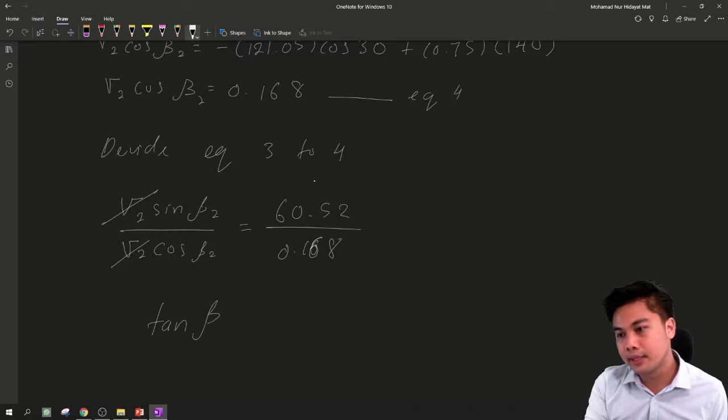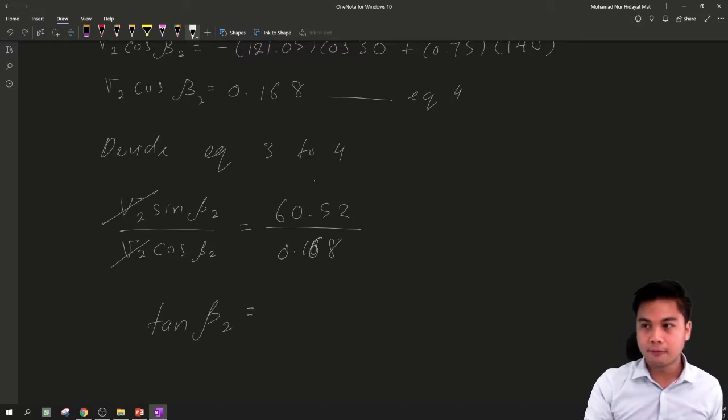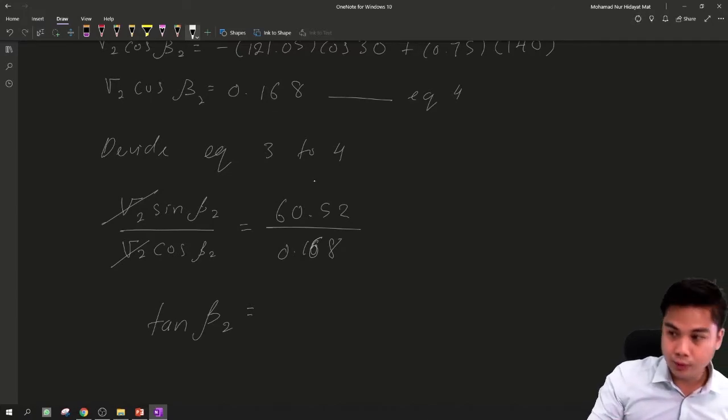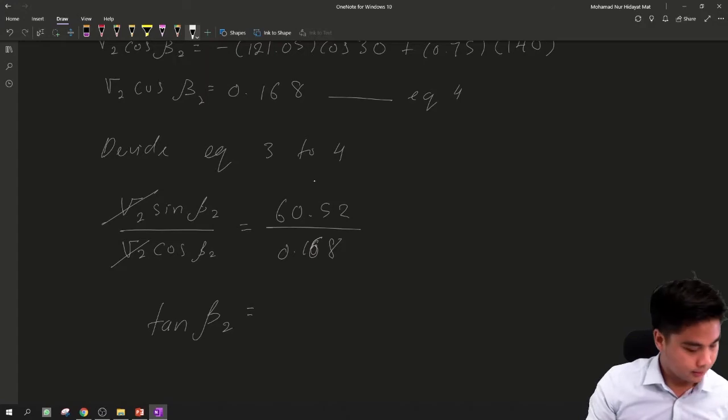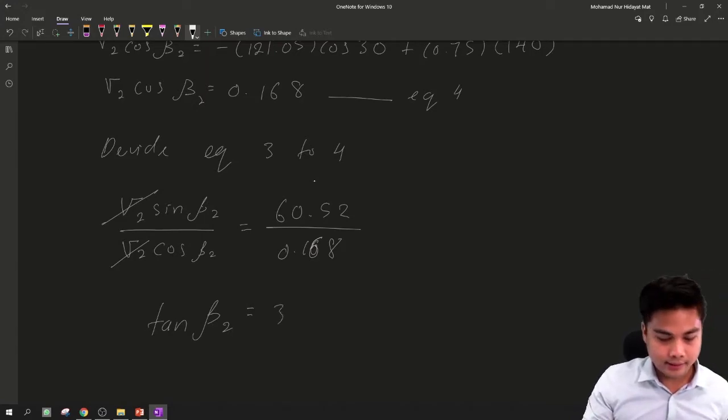Tangent beta 2 equal to 60.52 over 0.168. You will get 360.24.